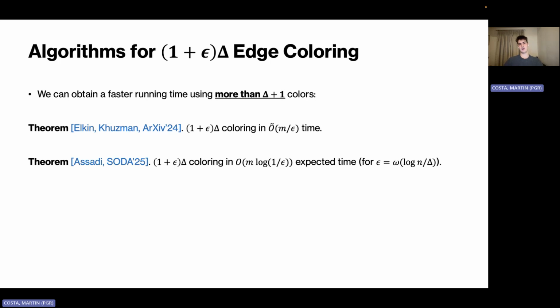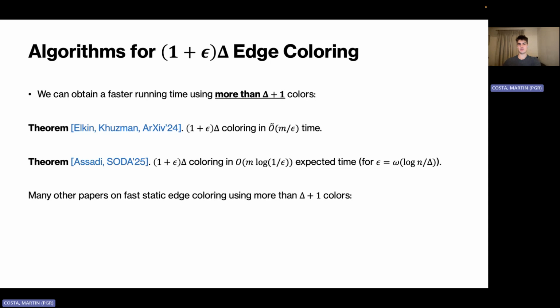And very recently, Assadi showed how to compute a (1+ε)Δ coloring in O(m log(1/ε)) time, so exponentially improving the dependence on ε here. This algorithm also implies that you can Δ + O(log n) color a graph in near linear time. So really, if we have any extra number of colors, the problem does become substantially easier.